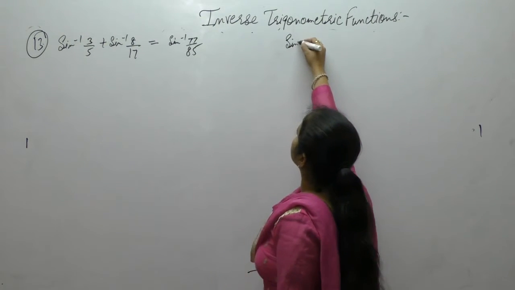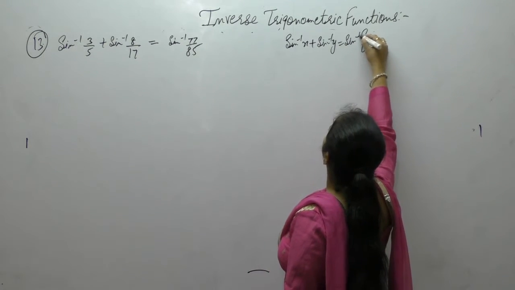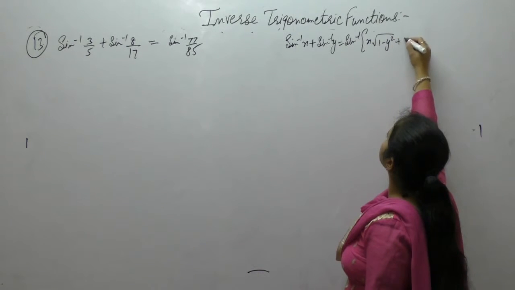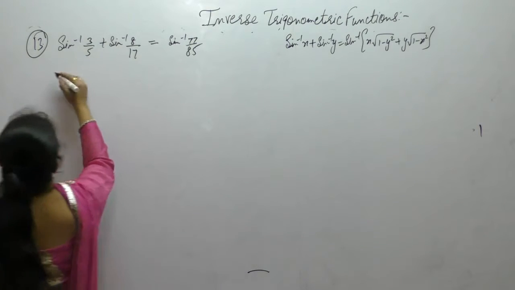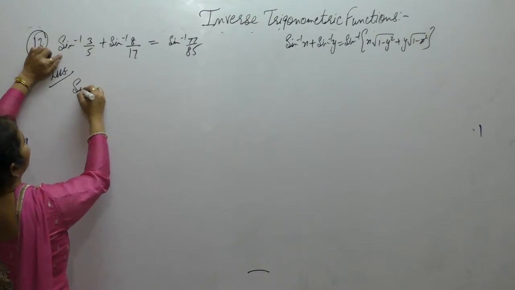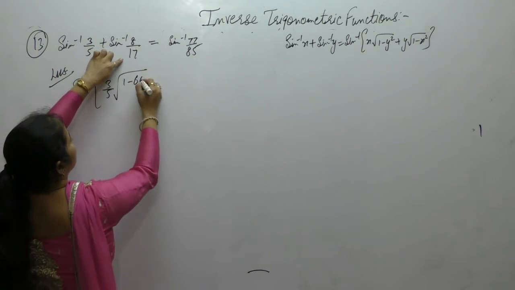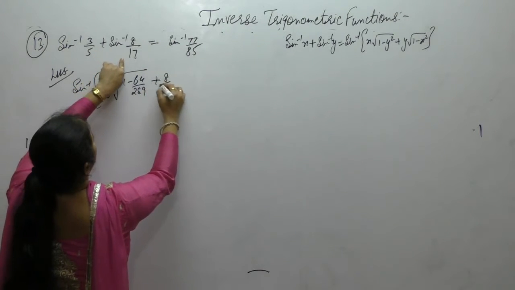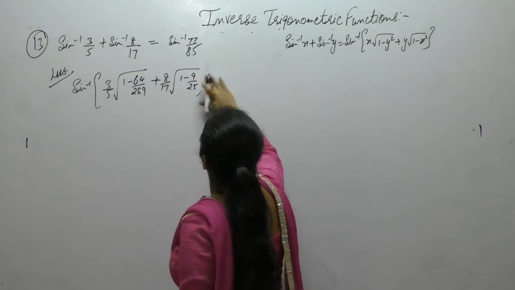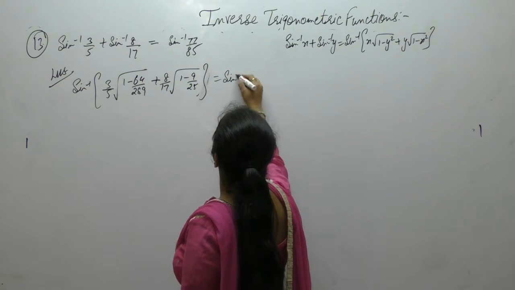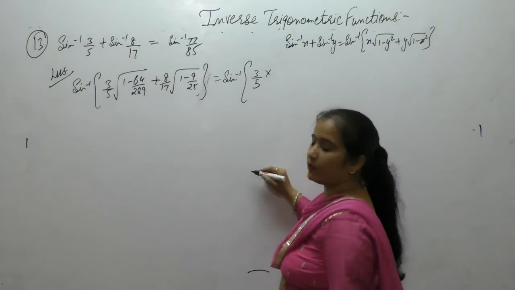Sine inverse x plus sine inverse y is equal to sine inverse x into square root of 1 minus y square plus y into square root of 1 minus x square. Left hand side, apply the formula. Sine inverse x, 1 minus y square, 8 square, 17 square, plus y, 3 square and 5 square. So what we get? Sine inverse 3 by 5, 289 minus 64.